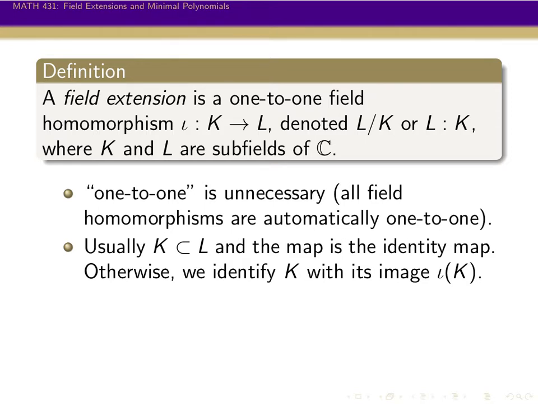In the very rare possibility that K is not actually contained inside of L, then we're going to identify K with its image under the homomorphism. Remember, in one-to-one homomorphisms, the domain and its image are isomorphic to each other. And so K and iota of K here would be isomorphic, and so they're essentially the same thing for all intents and purposes.